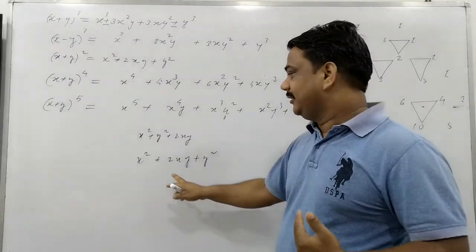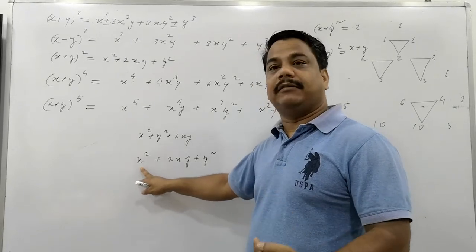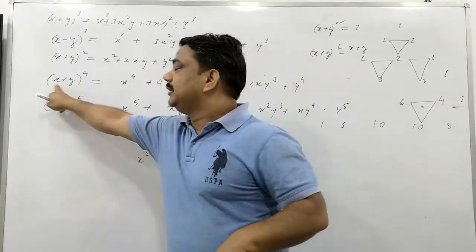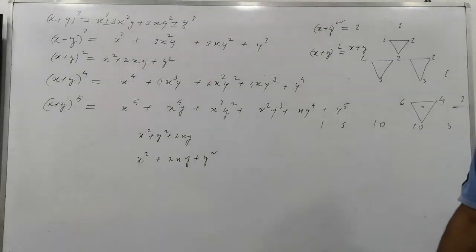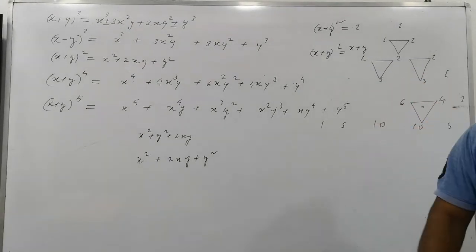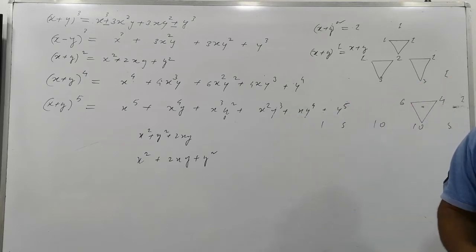It is the expansion with the decreasing power of the first term to the increasing power of the second term. So first x has the maximum power n, then n minus 1, then n minus 2. The power of x decreases and the power of y increases. Clear or not? Well understood?